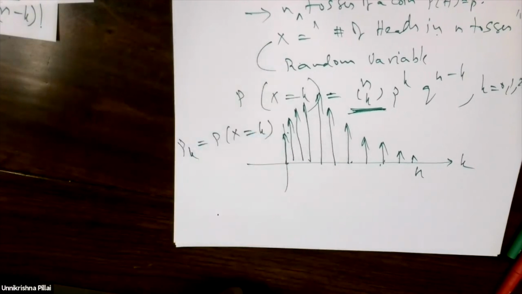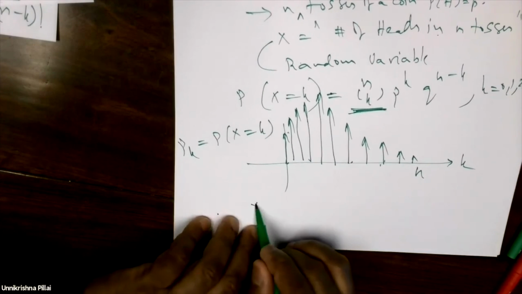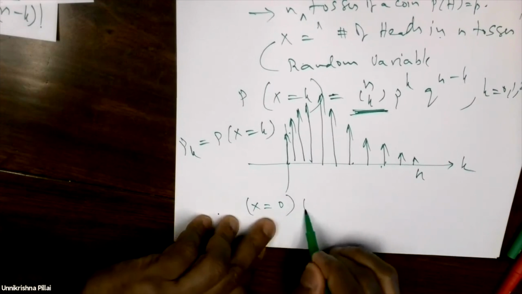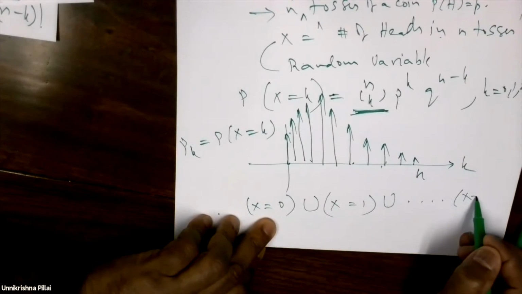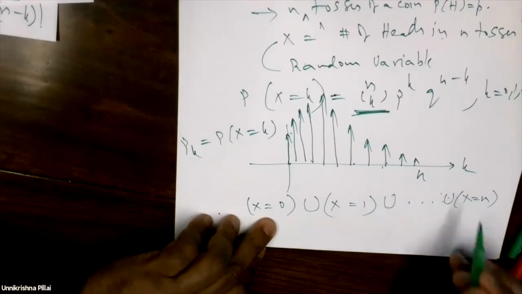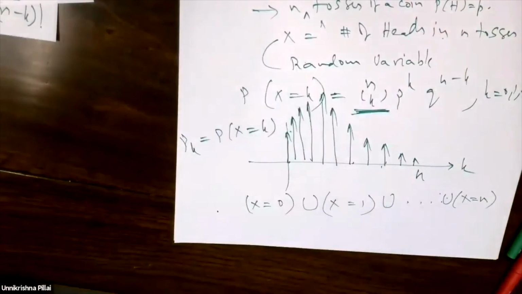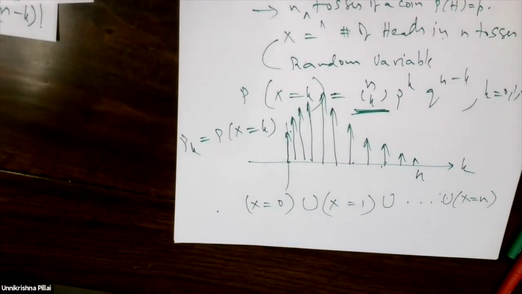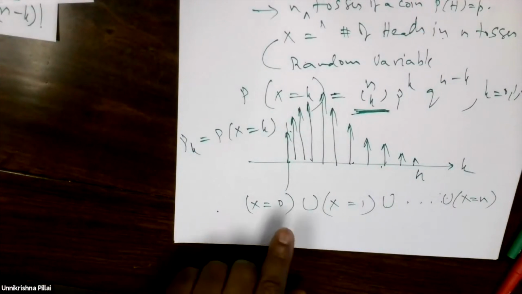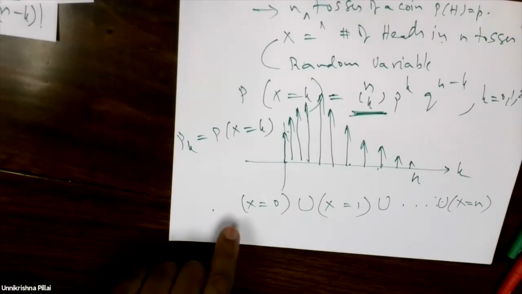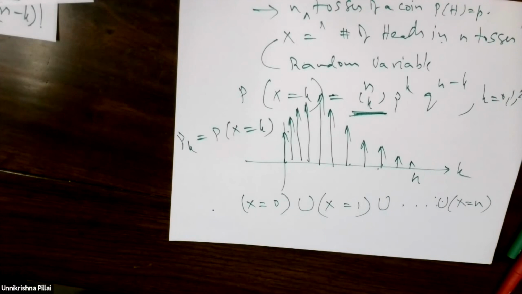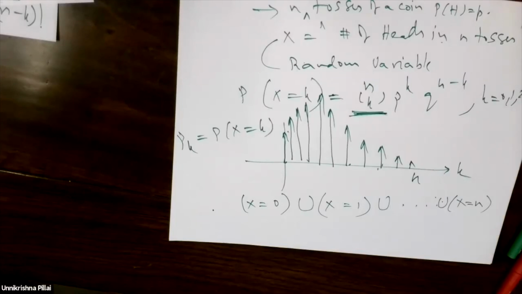So when you toss a coin, what will happen? If you take the union of all this, what will you get? Anybody? When you toss a coin, a certain number of heads should happen. What could those be? It could be 0, or 1, or n. So what can you say about this union? It's the whole set.